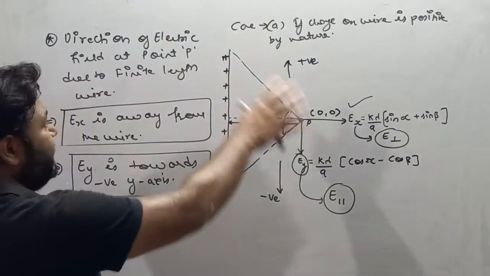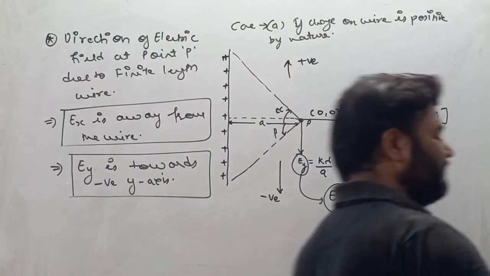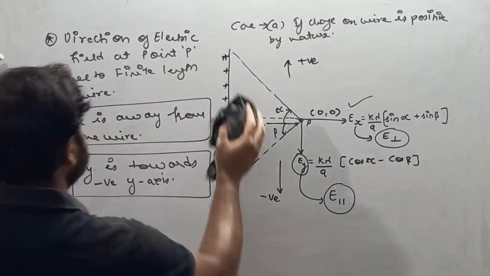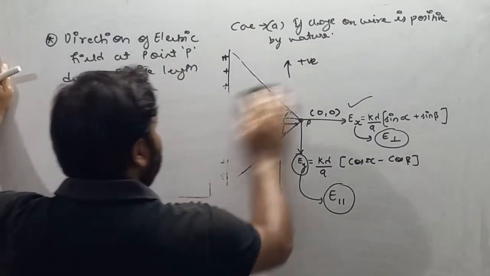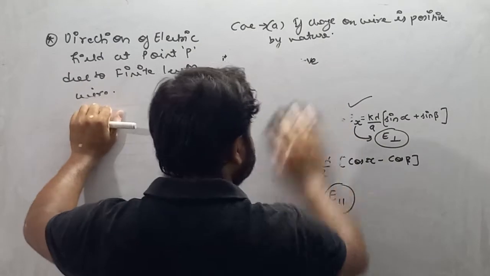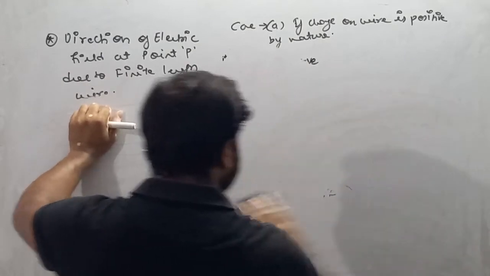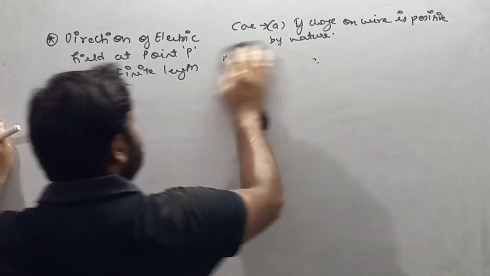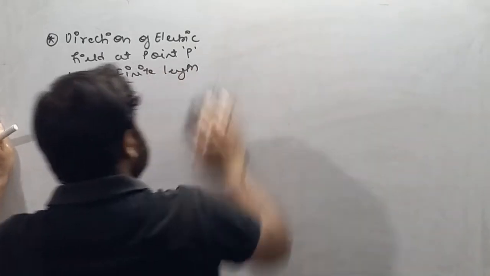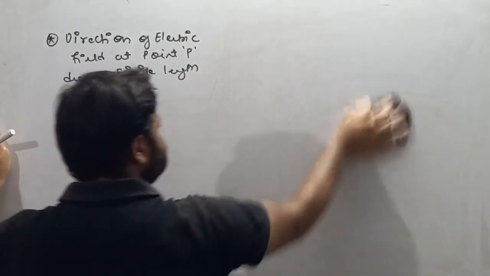I hope you all get my point. Now moving forward, if the charge on the wire is negative by nature, write down case 2.